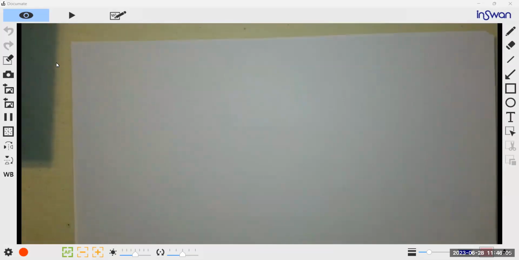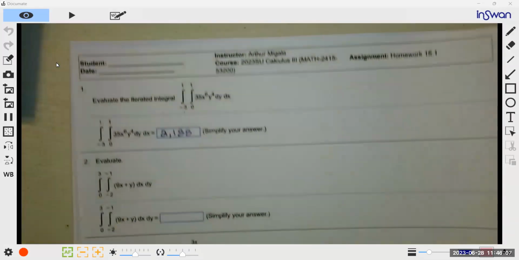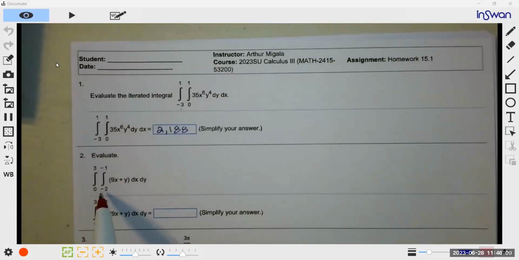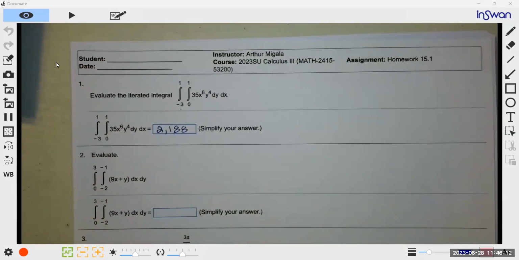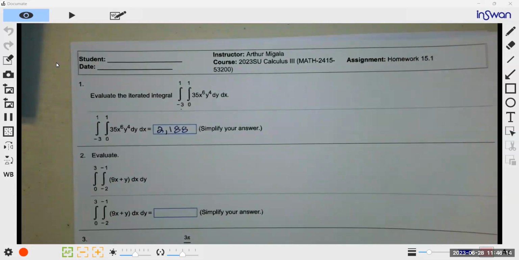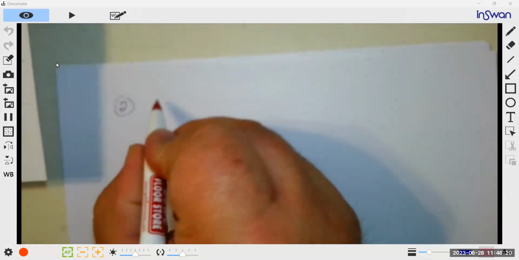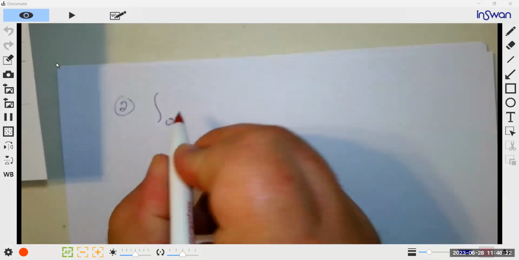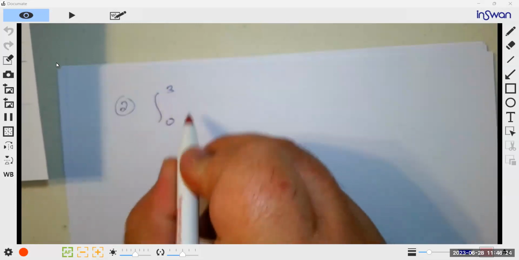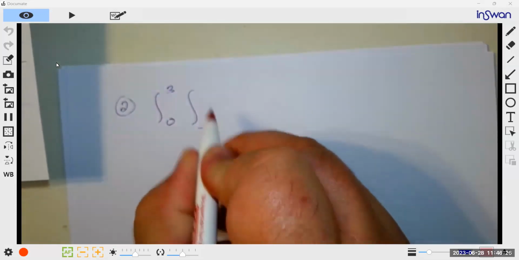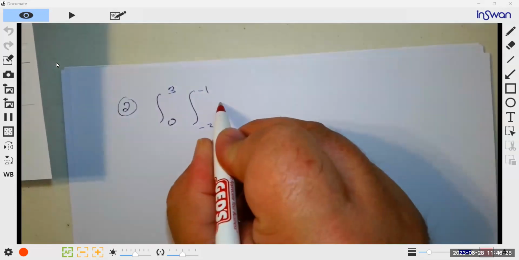Right, number 2. Evaluate this double integral 9x plus y dx dy, from 0 to 3, from -2 to -1.